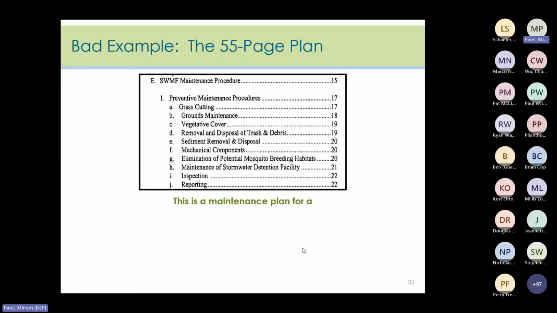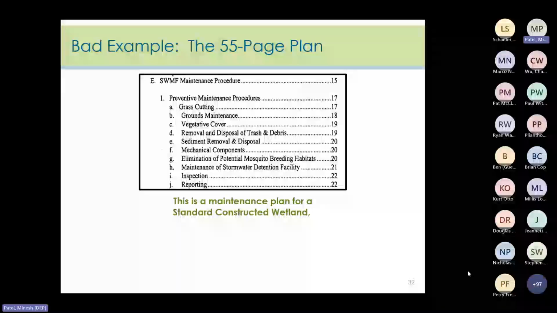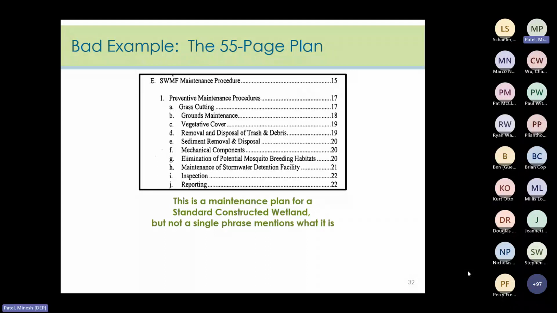This will indicate to you that the maintenance plan may not reflect the actual design and require some revisions. What this illustrates is that the reviewer has a responsibility to check the details provided in the plan so that the permittee meets the permit requirement to ensure long-term operation and maintenance. In this case, this is an actual approved maintenance plan that had absolutely nothing to do with the constructed wetland shown on the approved plan.